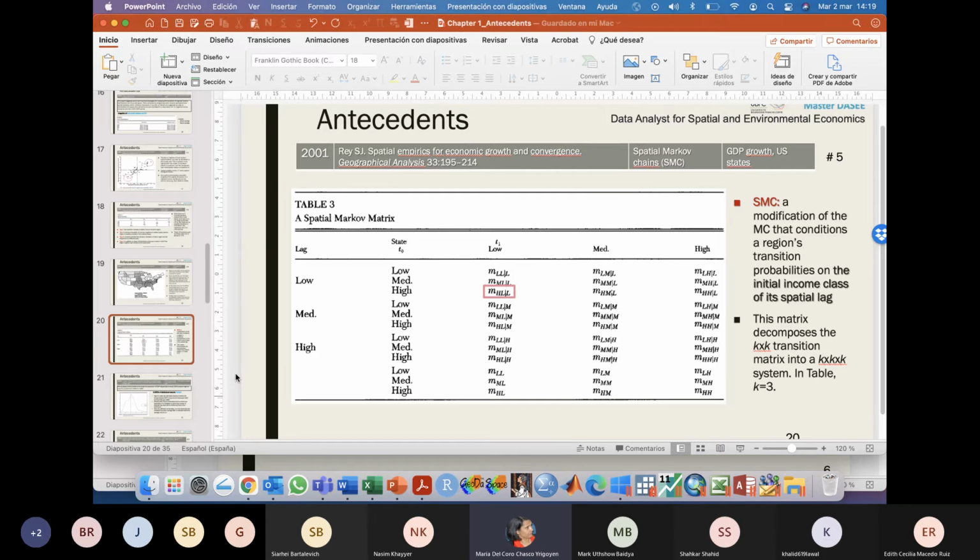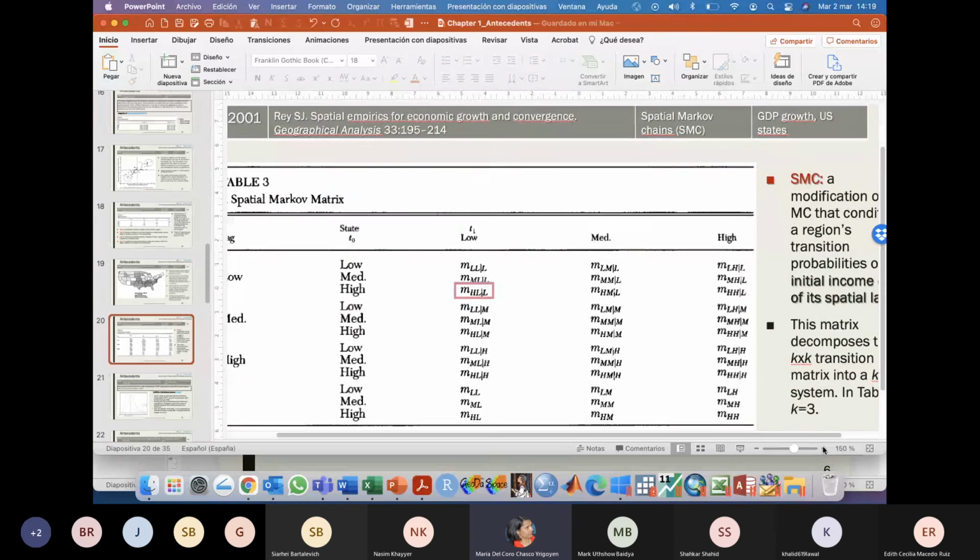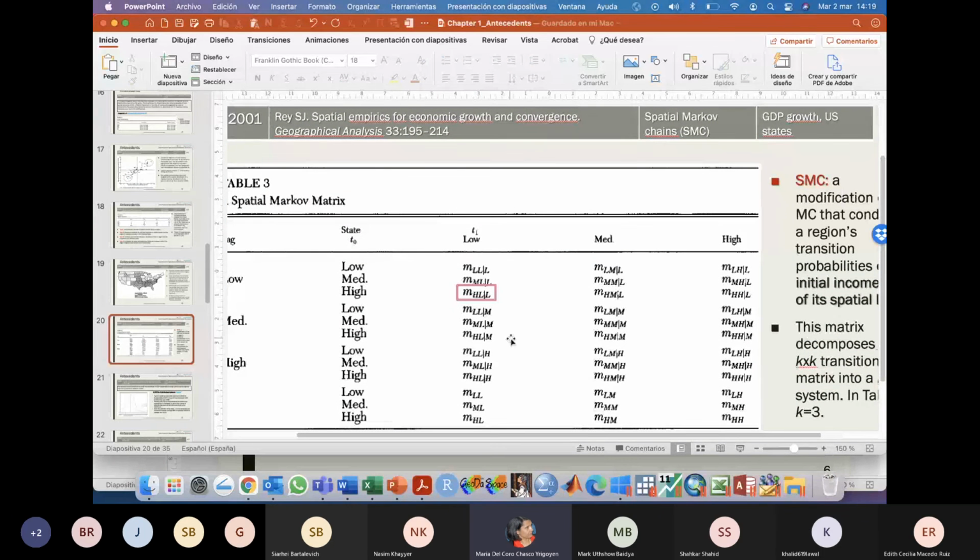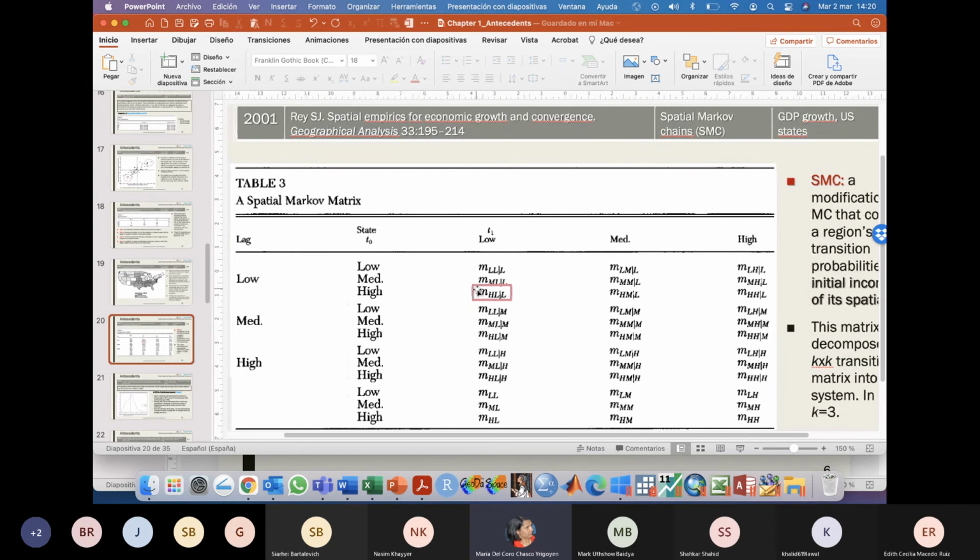For each region, for each state, for example, let's go to this element. I don't know if you can see, it's this small m sub HL, with a bar or line over L. It is in the third row of the first column. It corresponds to the part of the spatial lag, the low income part. So what does it mean?